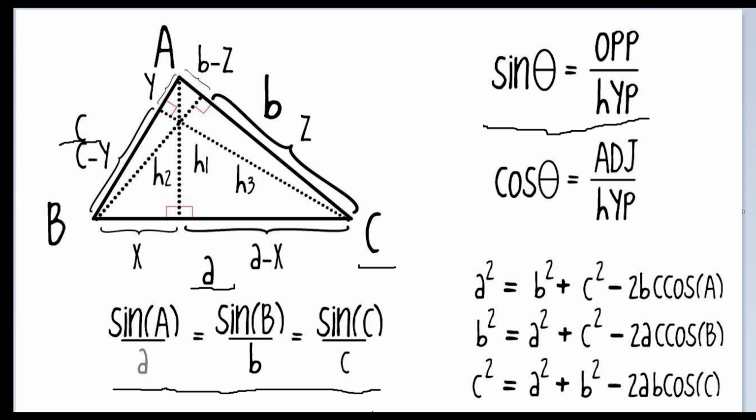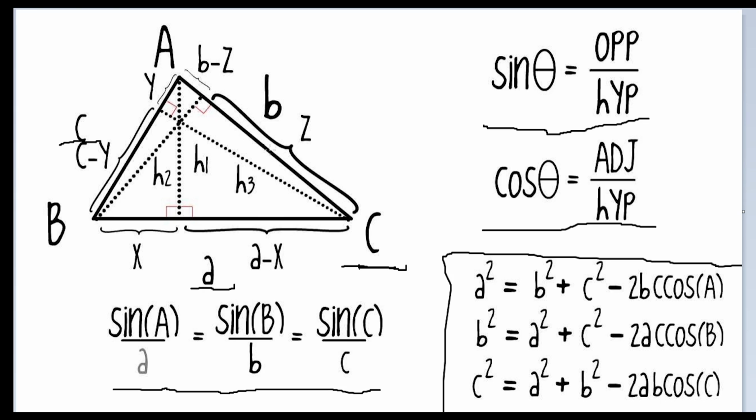Similar to this, we have the law of cosines, seen here. The law of cosines is based on cosine, which is seen here. Cosine of theta equals the adjacent side over the hypotenuse. So say we're looking at angle C again, here.